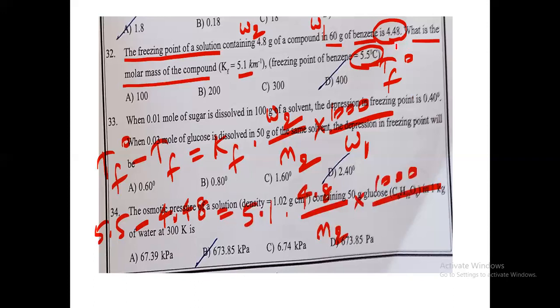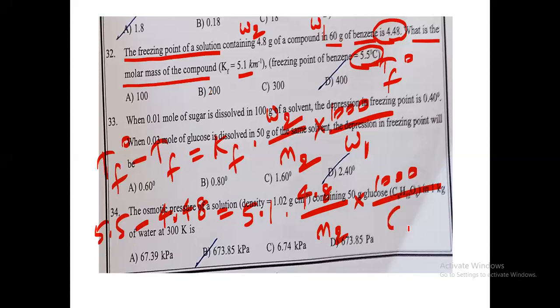TF naught is 5.5 minus TF, 4.48, is equal to KF, which is given as 5.1 for benzene, into W2, the weight of solute, 4.8, by the gram molecular weight that we need to calculate, into 1000 by the weight of solvent, 60 grams of benzene.